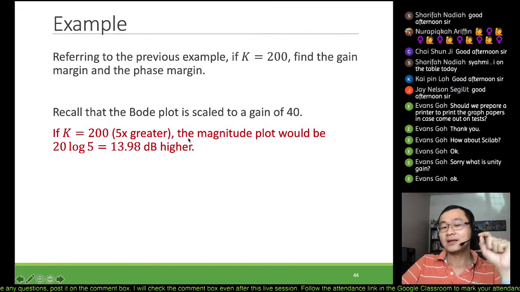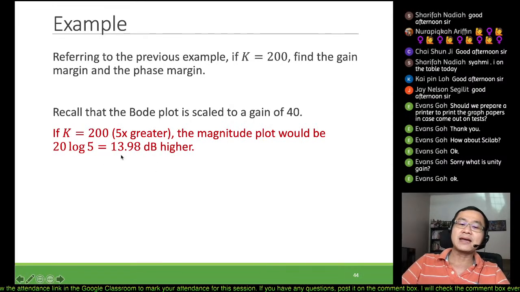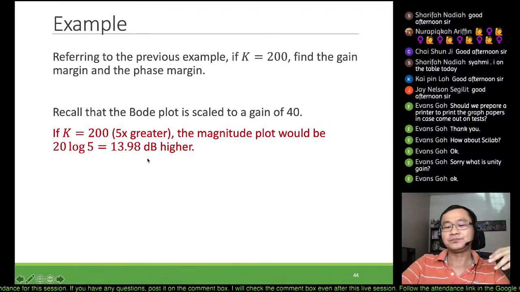So we use the log, 20 log 5, which equals 13.98 dB. So 13.98 dB higher.